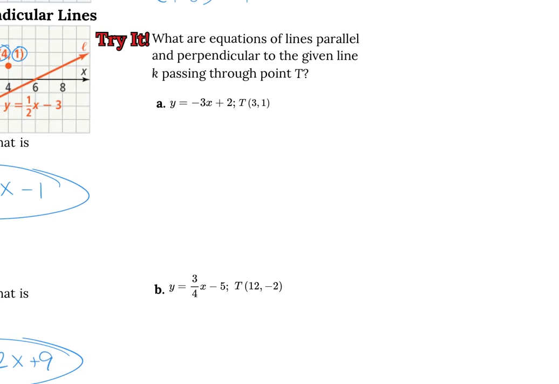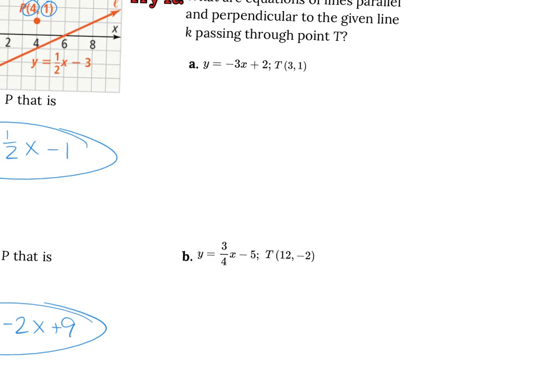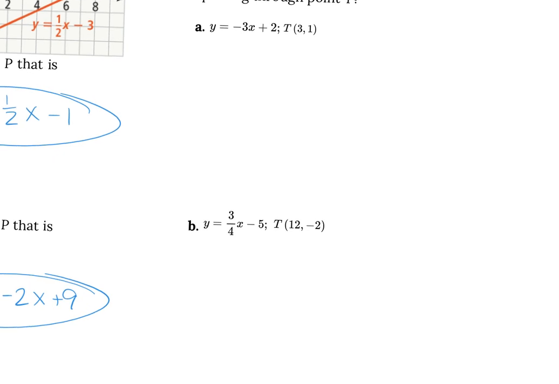All right, try it. What are the equations of the lines parallel and perpendicular to the given line K passing through point T? So this time we need to find both parallel and perpendicular lines. Okay, so I'm going to plug in my y. 1 equals, we're going to leave our slope the same for parallel.